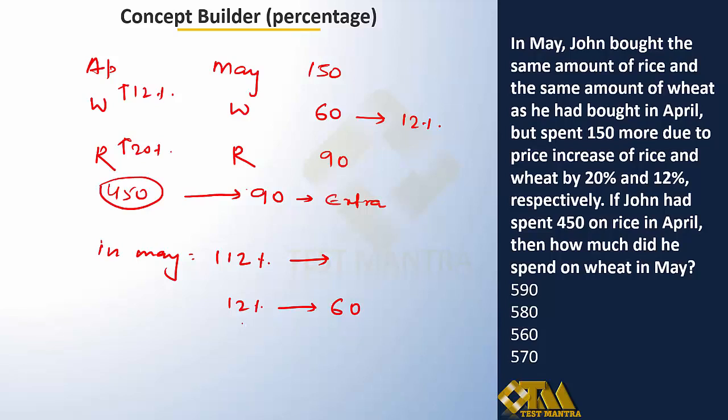So I'll correlate these values, 12 and 60. Numerically, the value is 5 times, so I'll take 5 times of this. It is supposed to be 560, right? So the amount is supposed to be 560 here. Alright. Next one.